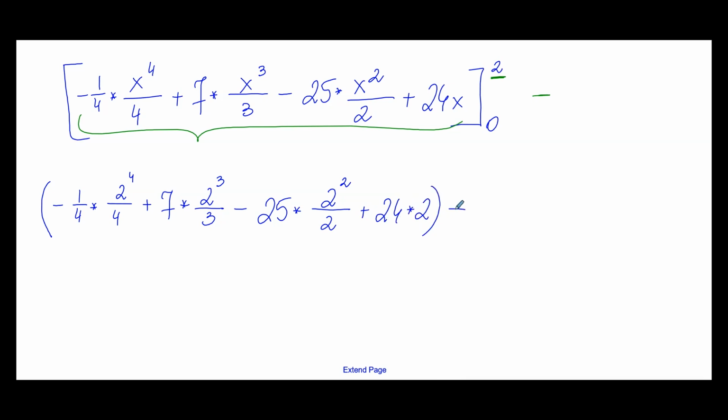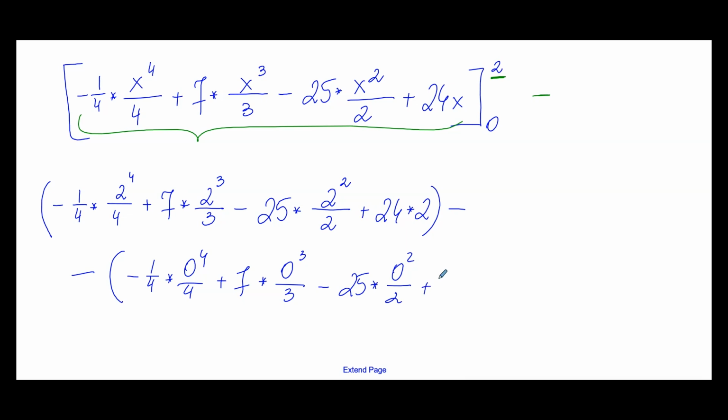So from that, we take away the same function with 0: 1 over 4 multiplied by 0 to the power of 4 over 4, plus 7 multiplied by 0 to the power of 3 over 3, minus 25 multiplied by 0 to the power of 2, plus 24 multiplied by 0.